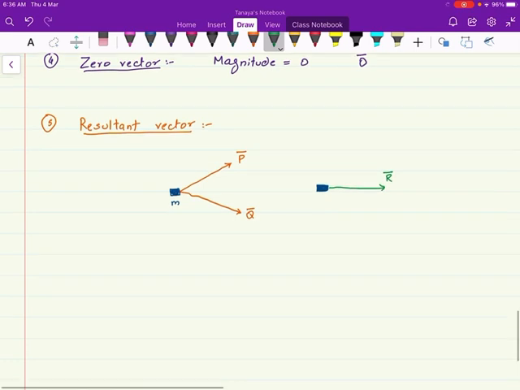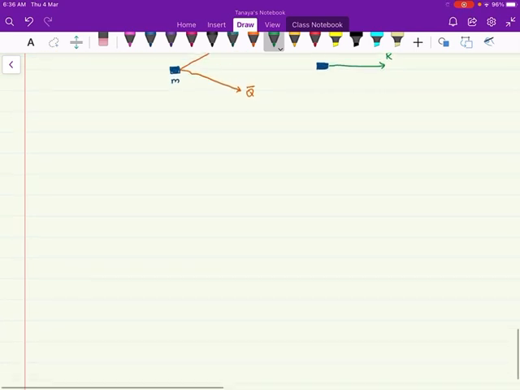Now another type is unit vector. Again, by the name itself, we come to know what a unit vector is. A vector whose magnitude is 1 in a given direction is called a unit vector.